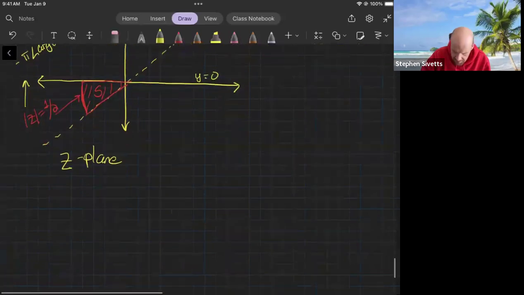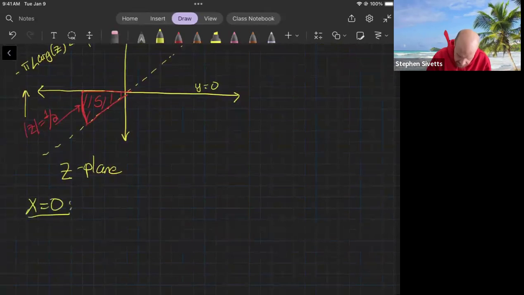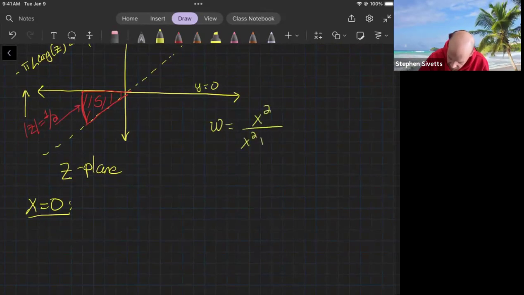All right. So if we look at points on the real axis, x equals 0, just to point out, the function in terms of the real and imaginary components was x squared over x squared plus y squared plus i times minus y over x squared plus y squared.